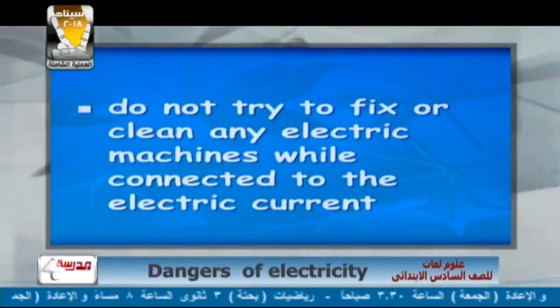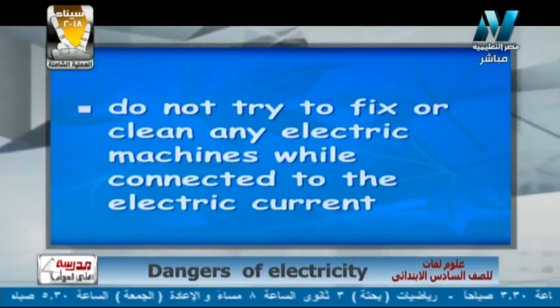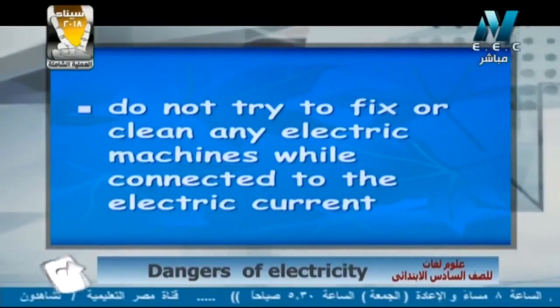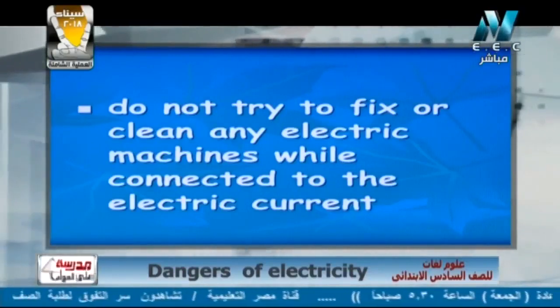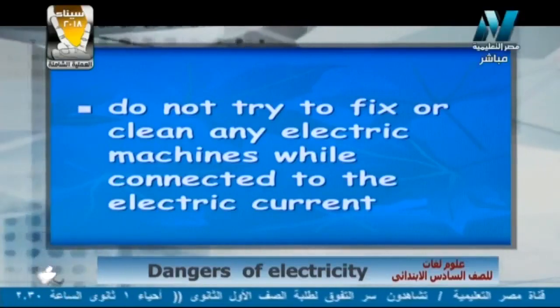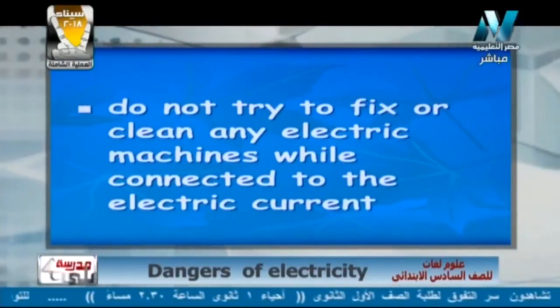Again, don't try to fix or to clean any electric machine while connected to the electric current. For example, the vacuum cleaner، المكنسه، بنحب قوي ننضفها من التراب اللي جواها. طب انضفها وهي اوريدي كونكتد، متوصله بالكهرباء؟ لا طبعا، لازم الاول اعمل ديسكونكت الكتريسيتي.